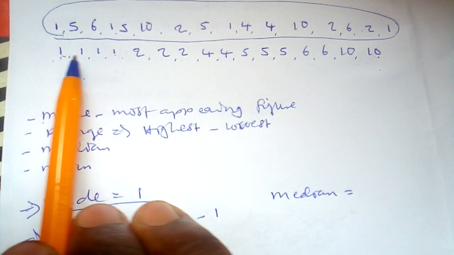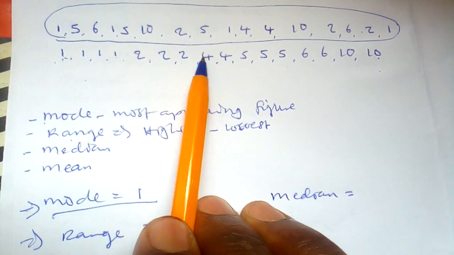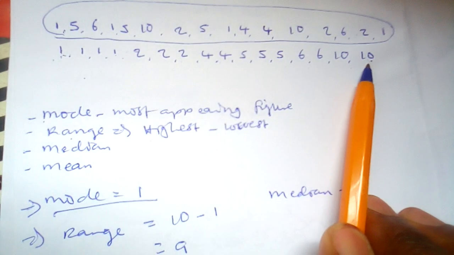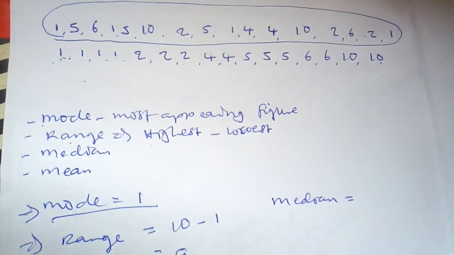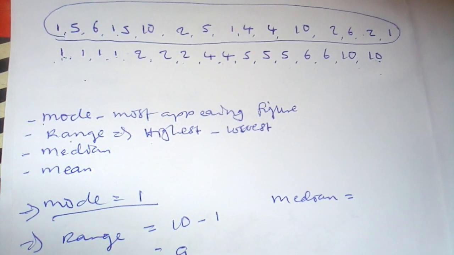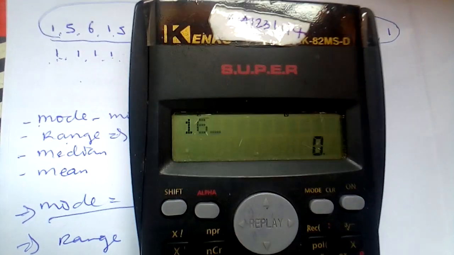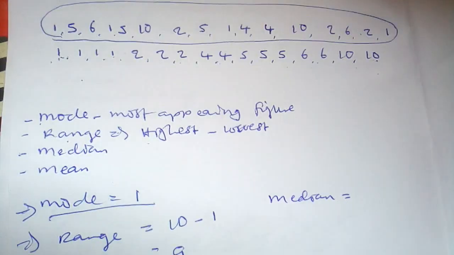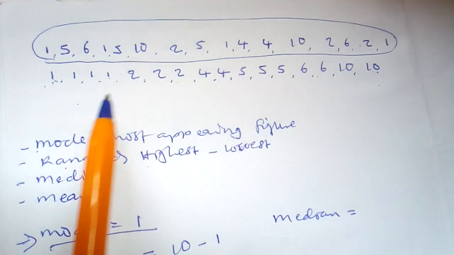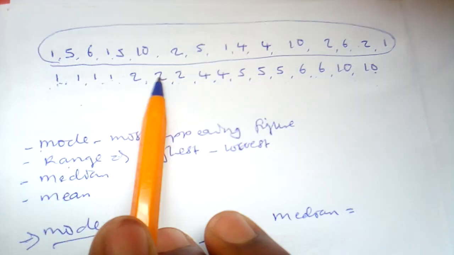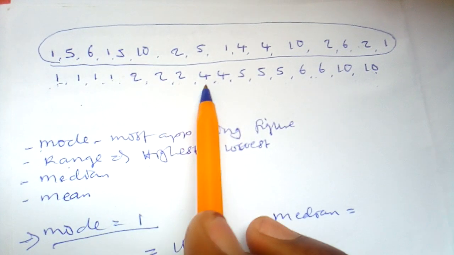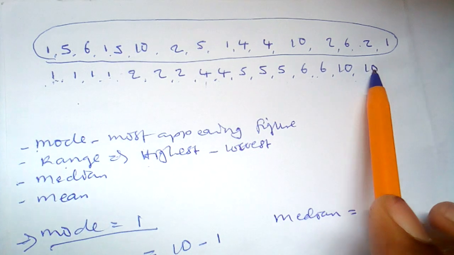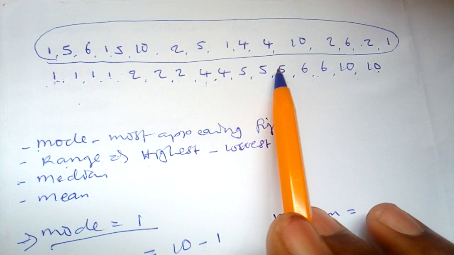1, 2, 3, 4, 5, 6, 7, 8, 9, 10, 11, 12, 13, 14, 15, and 16. So 16 is our total figure. So somewhere at 8. Let's count 8 from the left: 1, 2, 3, 4, 5, 6, 7, 8. And from the right it is 1, 2, 3, 4, 5, 6, 7, 8.